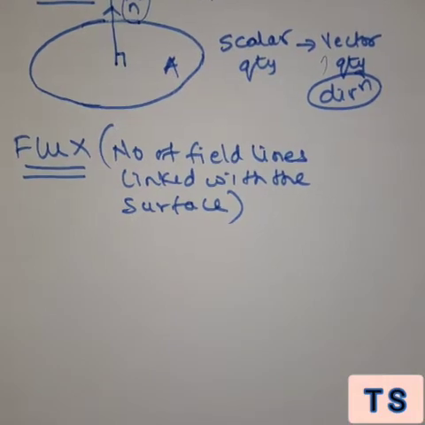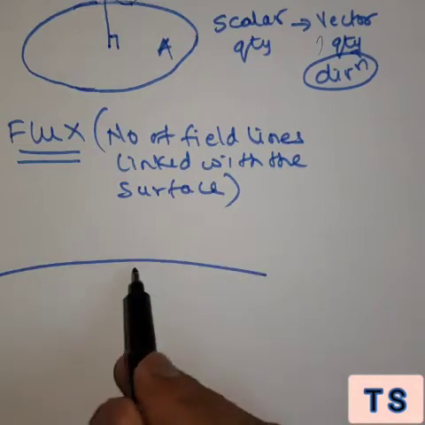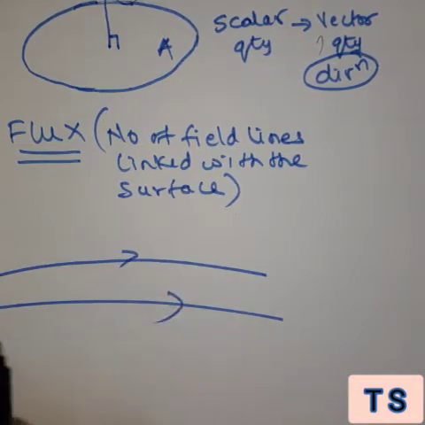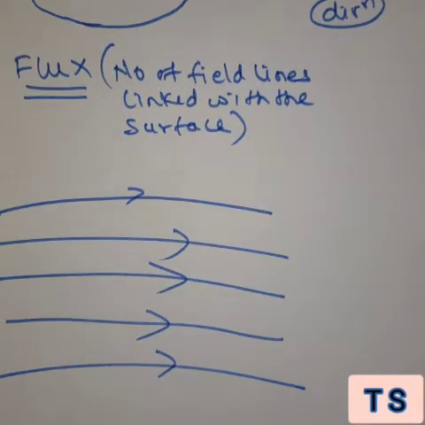So let's say that I have some field lines. These are all my field lines, and let's say that in such a particular electric field I place an arbitrary object.